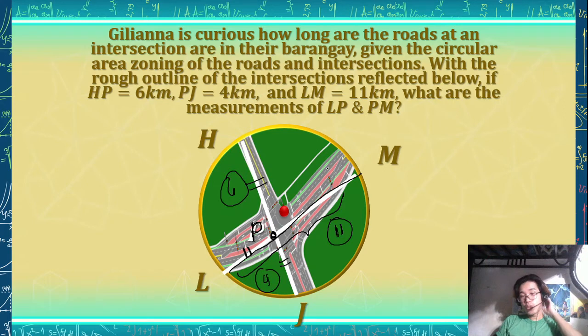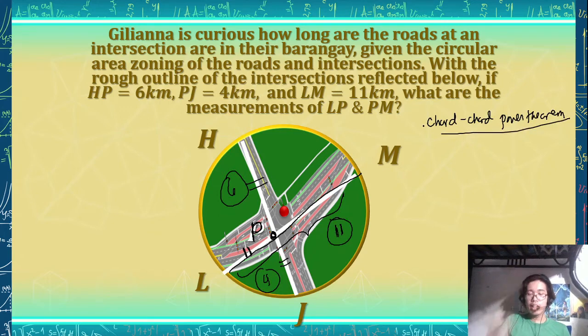So how are we going to solve this problem? We're going to use the chord power theorem. And what does the chord power theorem state? Let's say for example we have this figure. It states that if you have one chord, the segments of the chord here for LM should be equal to each other or directly proportional to each other.